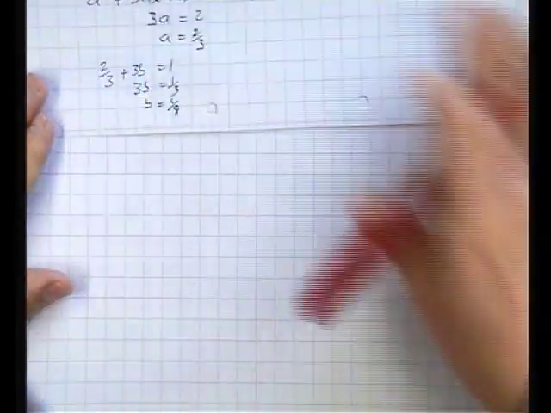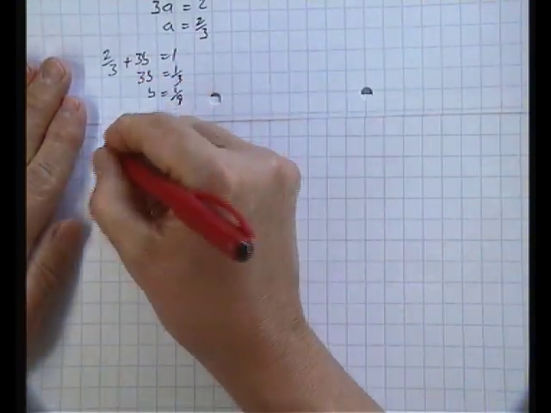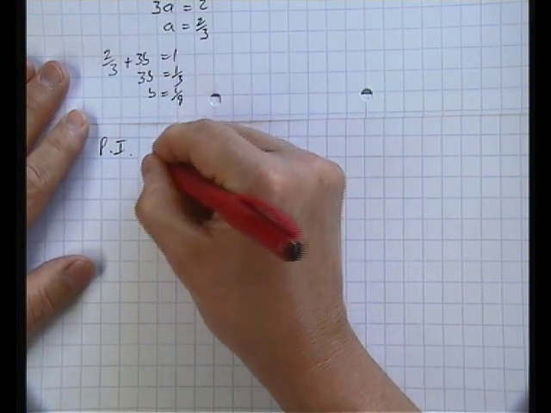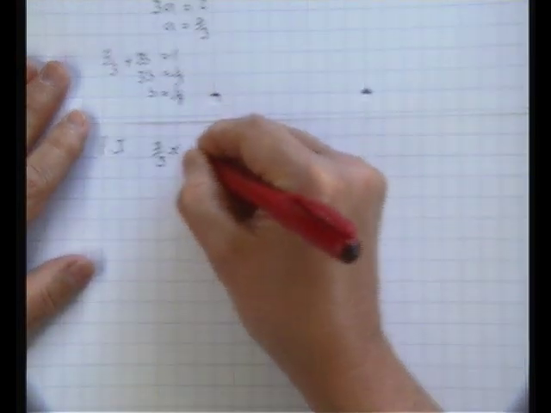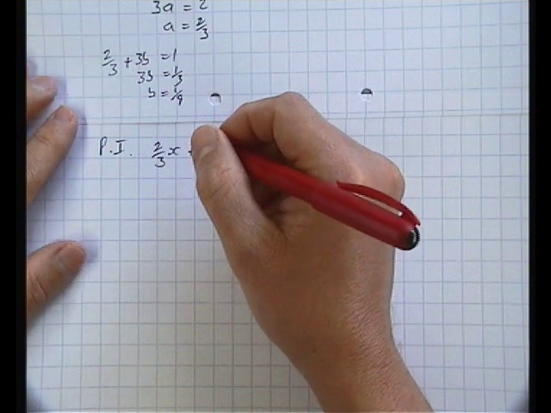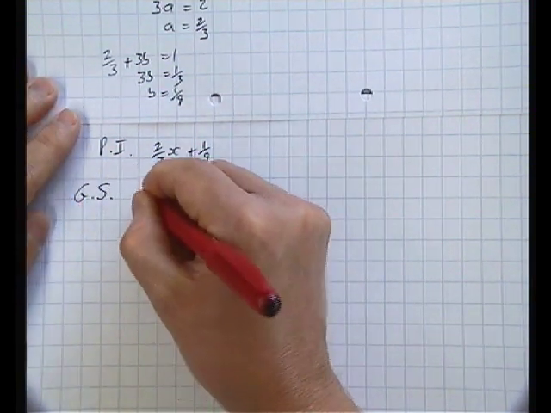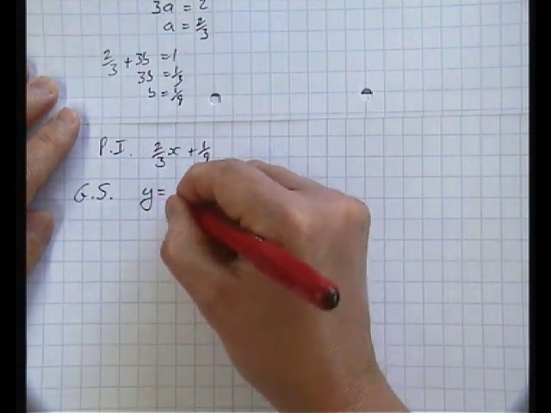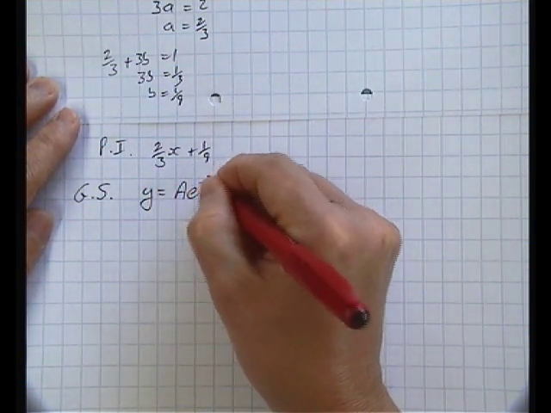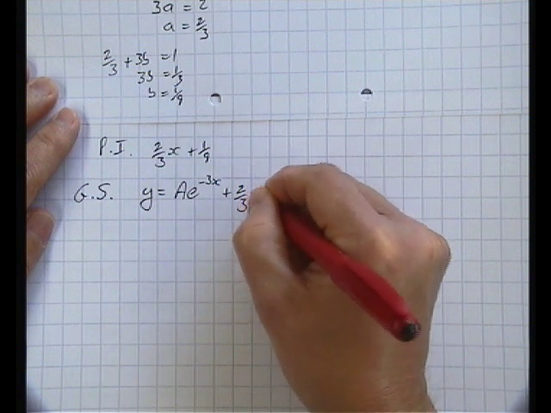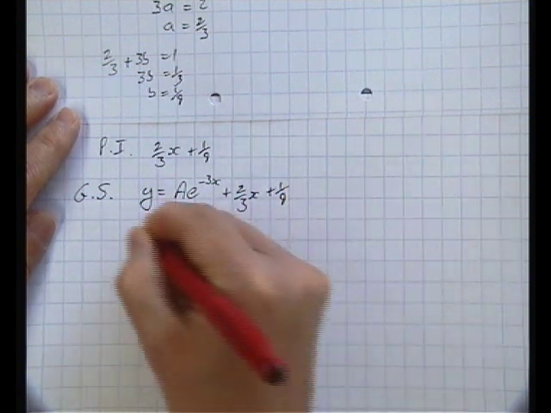And so I can then write out my particular integral. My particular integral is going to be 2/3 x plus a ninth, and my full general solution is going to be y equals A e to the minus 3x plus 2/3 x plus a ninth.